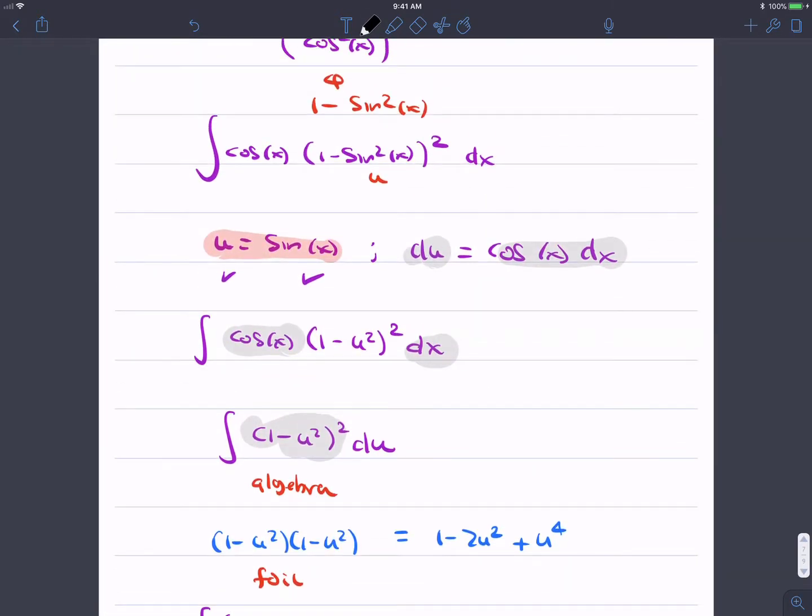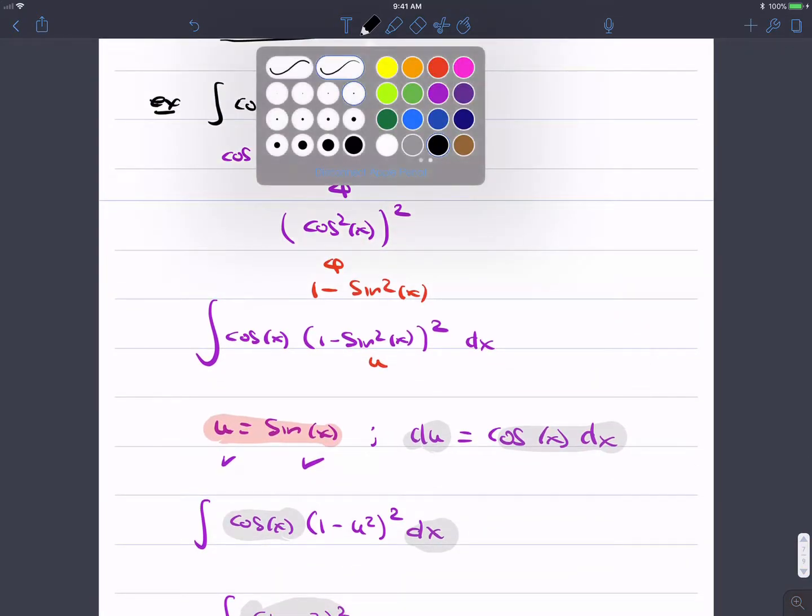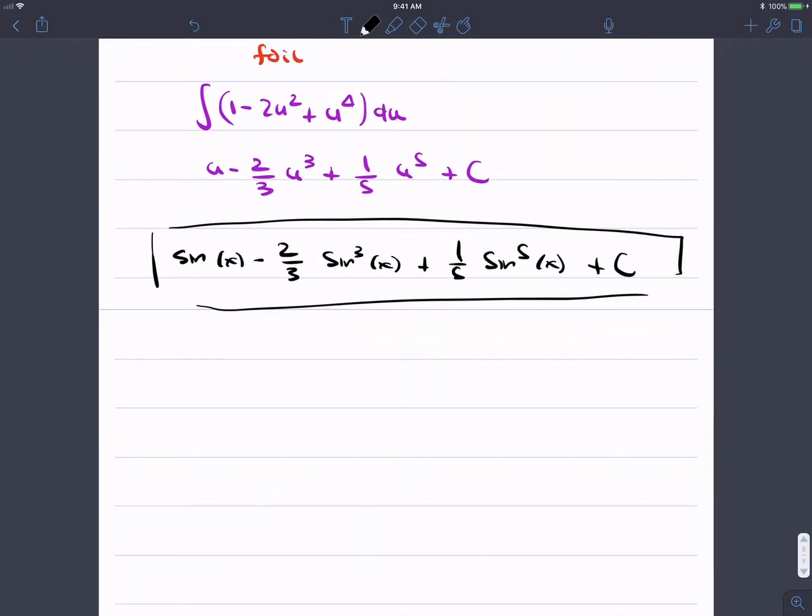So it's a very similar process when we have an odd power of cosine. Now let's see what happens if I put an odd power of cosine and some other power for sine, for example sine squared. We can have a sine, we can have a sine squared, it doesn't matter. Notice our focus is that we have an odd power of cosine.